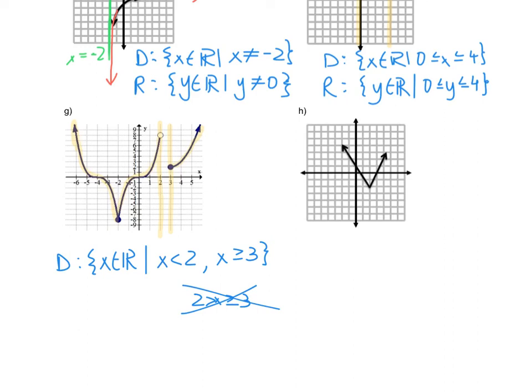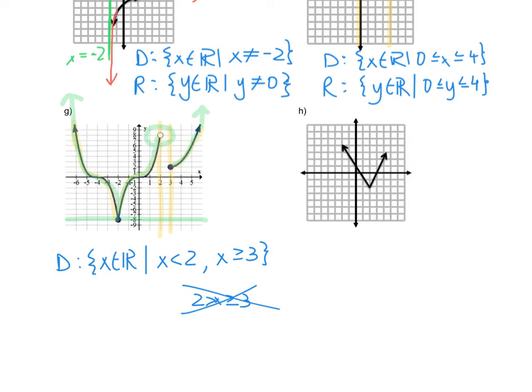Now, let's look at our range. For the range, I can see that my lowest point is at -8. And then if I follow the segments, this segment here goes and stops at +8. But if I just look on the left, this will take me up forever to positive infinity. And so will this segment here. So just because this portion here stopped at 8, that will not be a restriction, because on the left and right, I have extension pieces that go up forever.